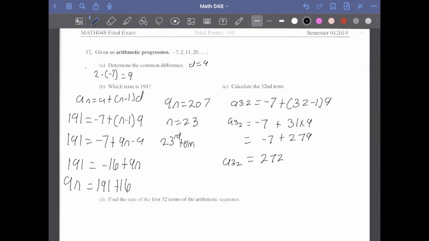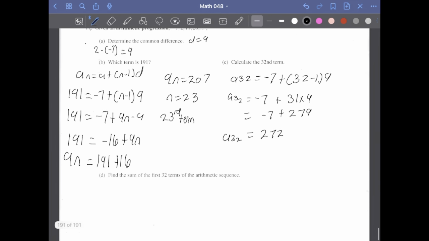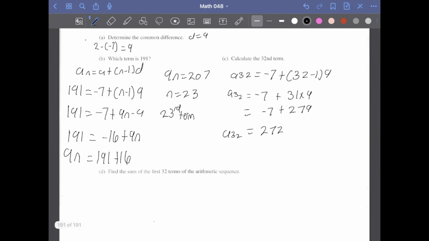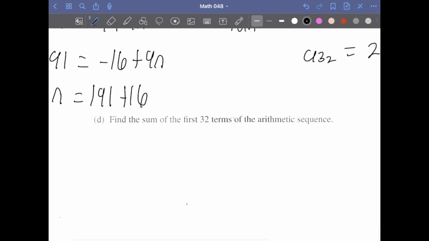So find the sum of the first 32 terms of the arithmetic sequence. Okay. So we're going to use the formula Sn is equal to n divided by 2, 2a plus n minus 1 times d.